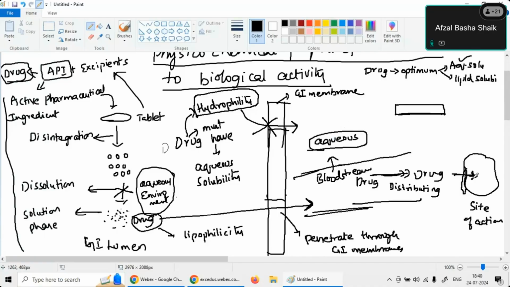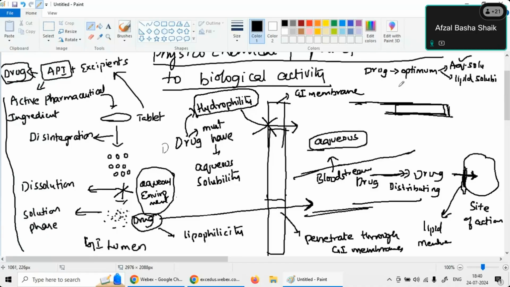In order to penetrate into the organ, it has to cross the lipid membranes again. Got it? Again, it should have lipid solubility.